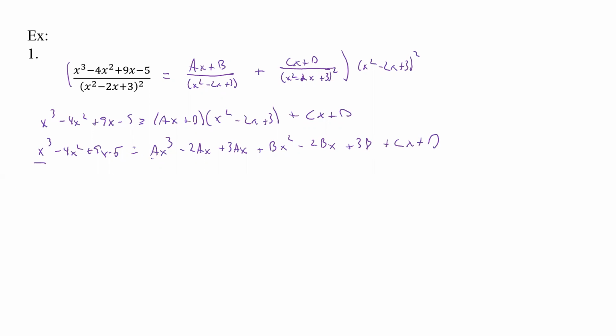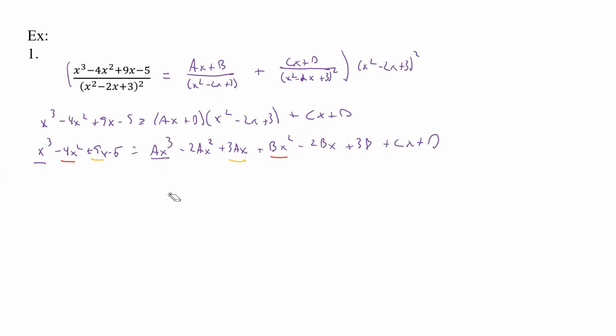I need to make sure I did that one right. I can see what I've done wrong: I took Ax squared times that, and I didn't have my squared term. So Ax squared times that is Ax cubed, and Ax squared times minus 2x is going to be minus 2Ax squared. There we go, that makes more sense.